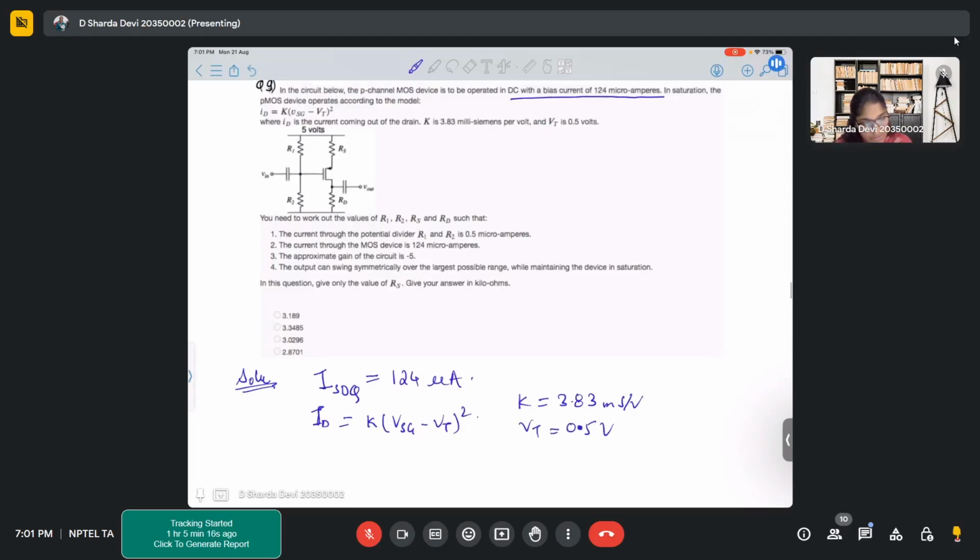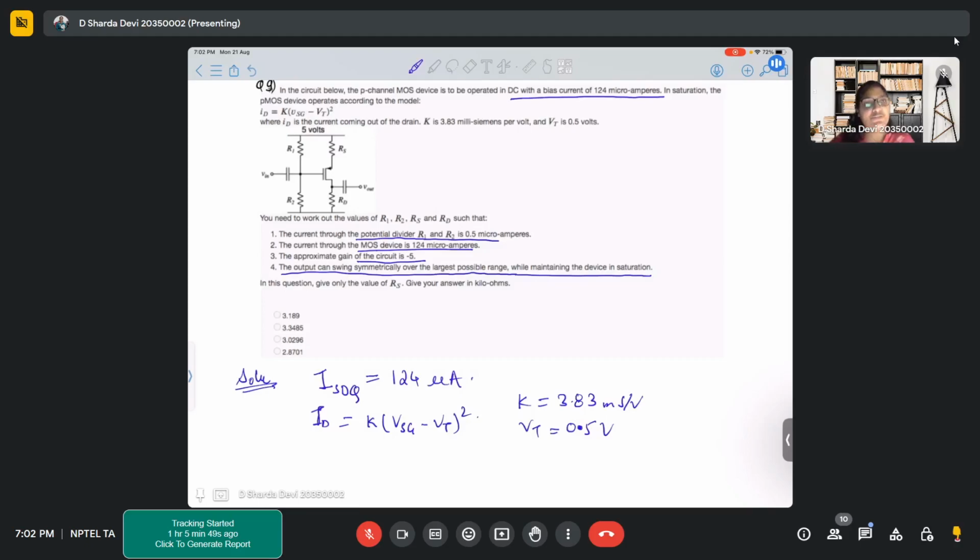You need to work out the values of R1, R2, RS, and RD such that the current through the potential divider R1 and R2 is 0.5 microamperes, the current through the MOS device is 124 microamperes, the approximate gain of the circuit is minus 5, and the output can swing symmetrically over the largest possible range, which maintains the device in saturation.